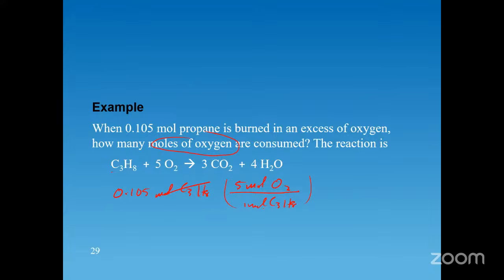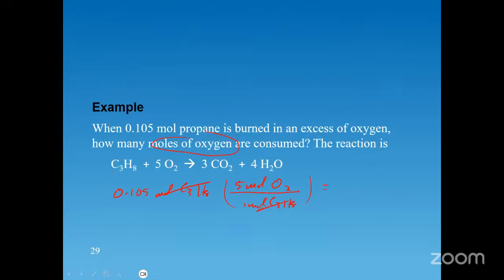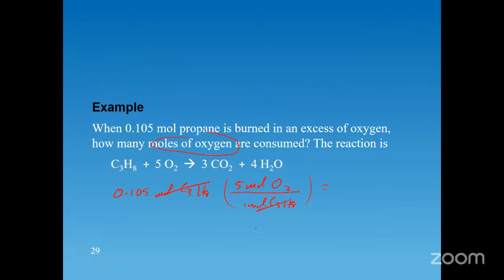So this will cancel out with that, and then we do the calculation, which is 5 times 0.105, which would give you 0.525 moles of oxygen. And that's how you do that. All right? Any questions about this one?